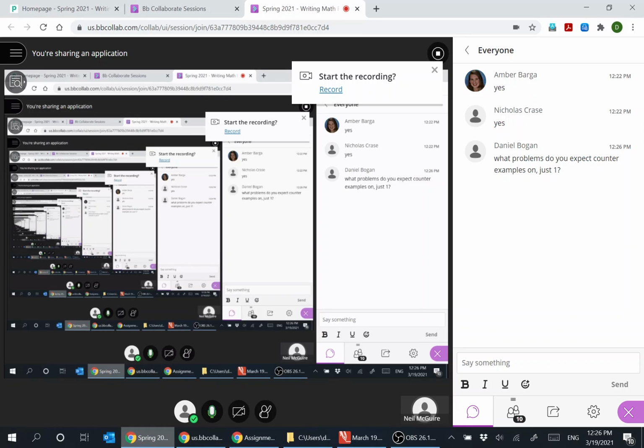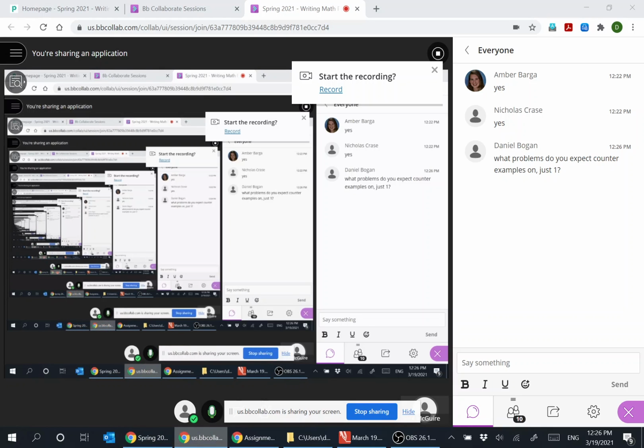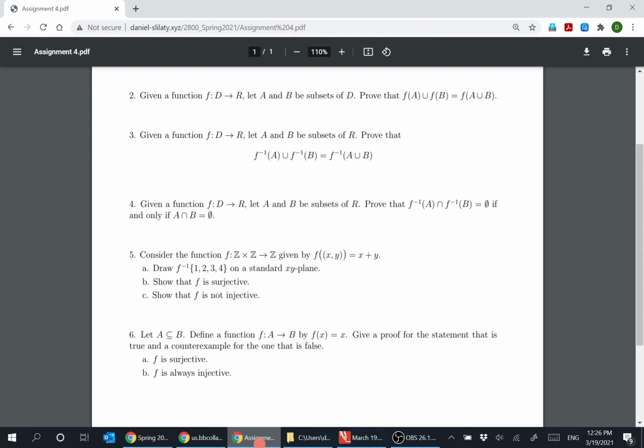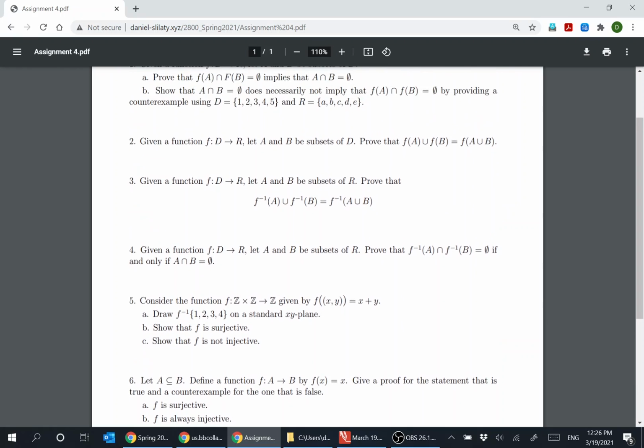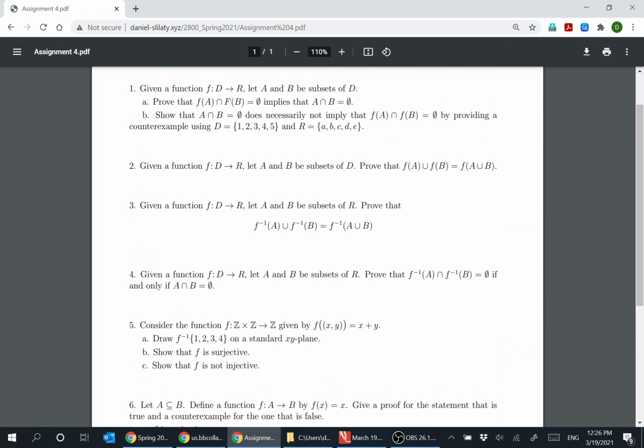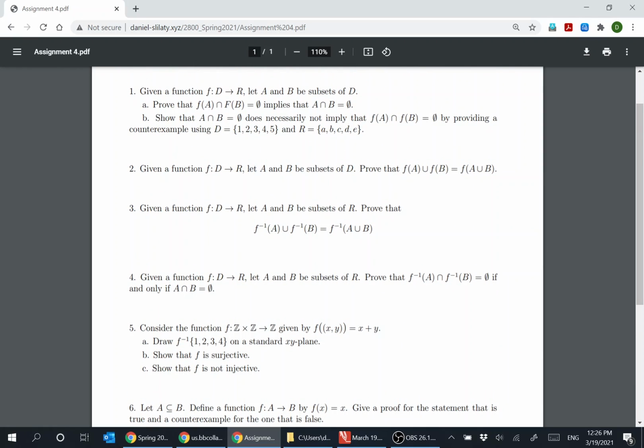What problems do you expect? Whenever you're trying to show a universal statement is false, unless I said or suggested it might be false, it's going to be true.